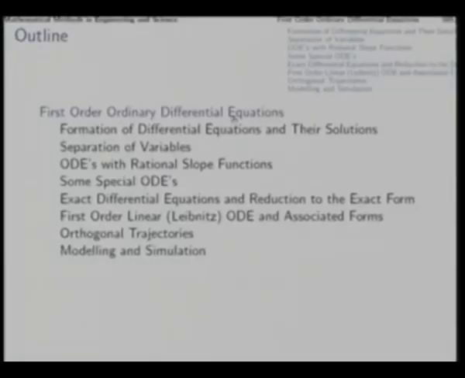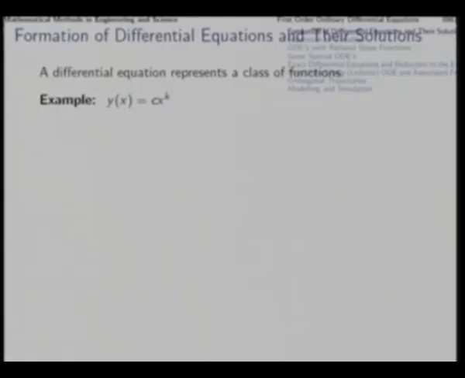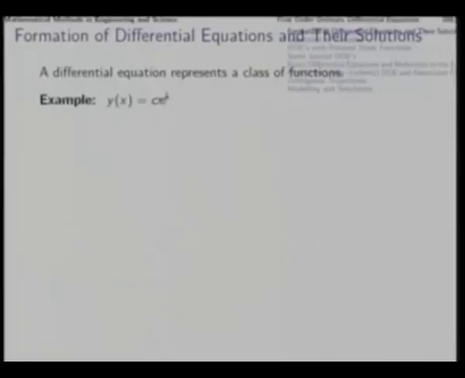Even before going into the solution methods, let us see how typically a differential equation is formed and what it in general represents. For example, let us take this equation, which is an equation in x and y. That means, in xy plane, this will represent a curve.